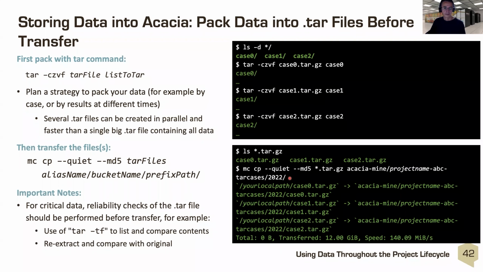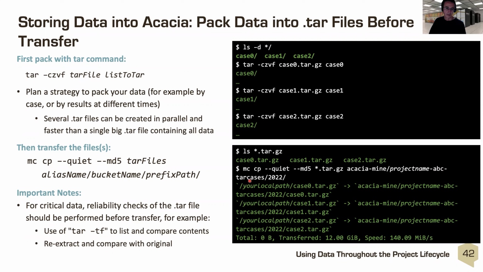We can copy those files. Again, you can use any client. In this case, we are using MC again. MC copy in a quiet mode, checking for the hashes. We are copying everything that is tarred, and we are copying those into this alias, again, into my own user storage, into this bucket, which I'm following the best practices using the project name, some initial, and then a distinctive name.